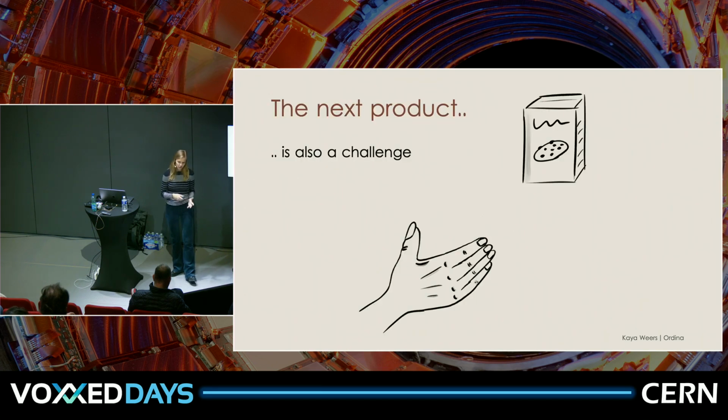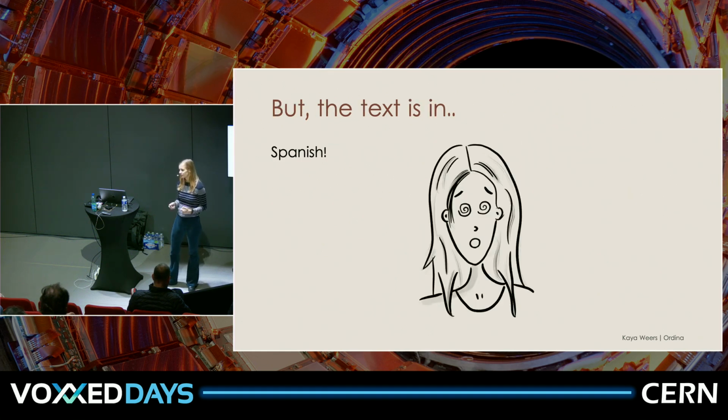So they go back shopping, and then the next product is again a challenge. So Billie sees these delicious chocolate chip cookies, but she's a vegan, and she wants to know if she can eat those products. So they grab the product and she looks at the ingredient list, and then it's all in Spanish.